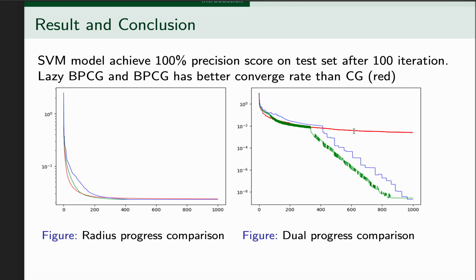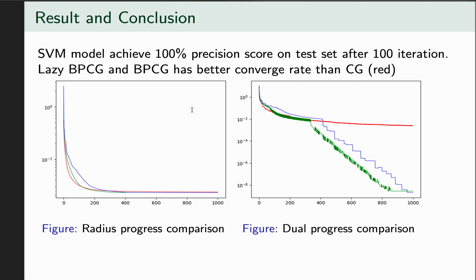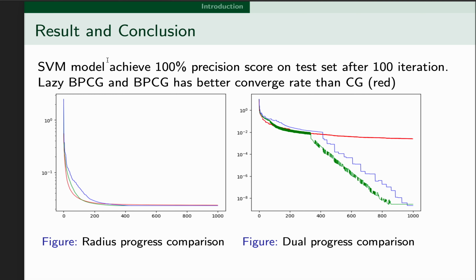We can see here the new algorithms, blended conditional gradient BCG and lazy BCG, have better convergence rates than the CG algorithm. And the SVM model trained by BCG achieved 100% accuracy score on the test set after 100 iterations.